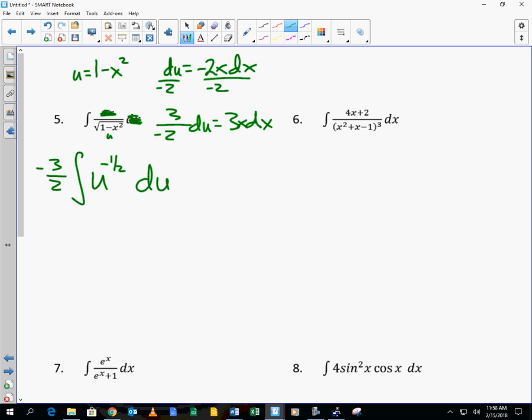What's the antiderivative of u to the -1/2? U to the 1/2 divided by 1/2.